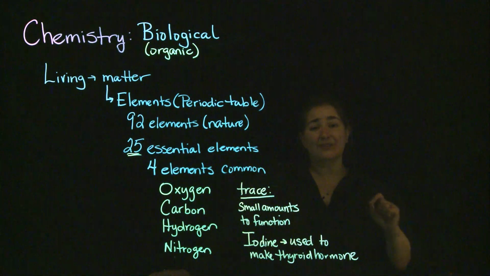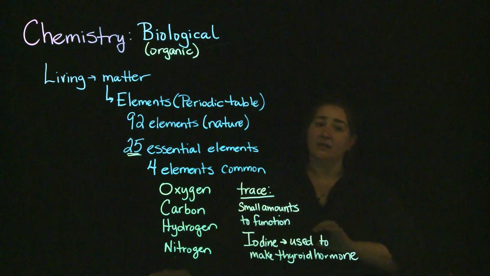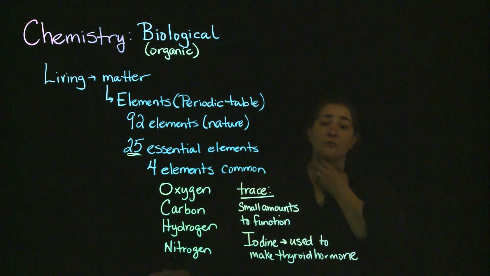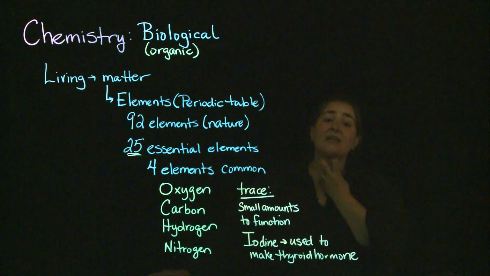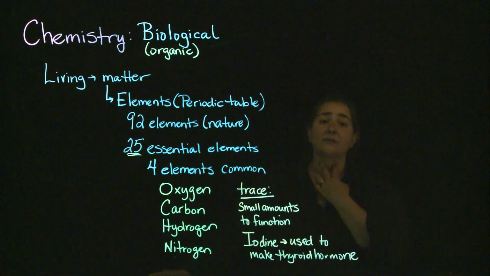So the way that we get around the trace amount of iodine we need to prevent a goiter from forming, and what a goiter is essentially it's a large mass that's found on the neck. Because essentially what's happening, that thyroid gland is found within your neck.